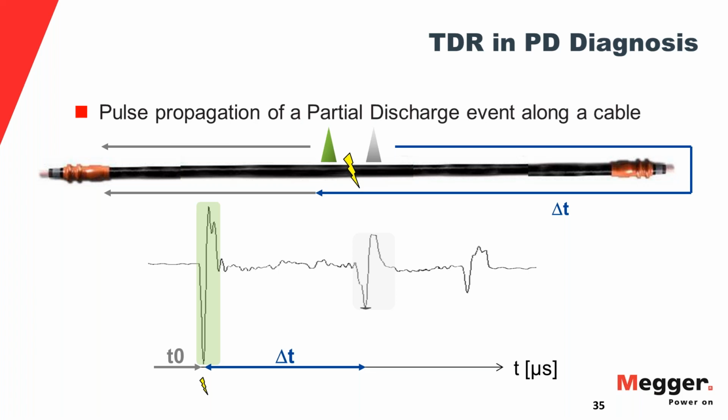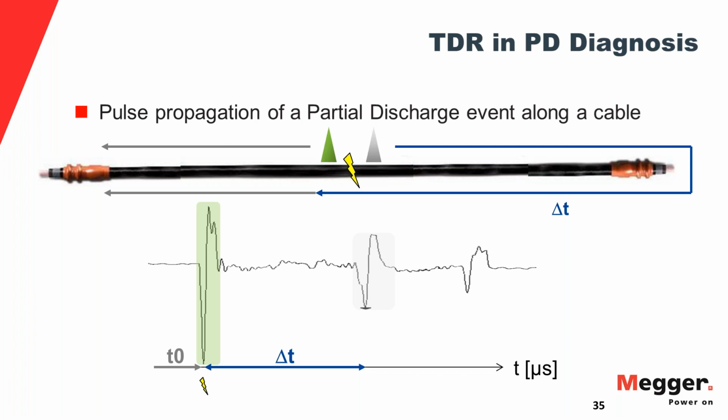And the way it works is, as you can see in this little picture, you have a PD source somewhere, and 50% of the energy, in the shape of a pulse, is traveling to the detector directly. The other 50% is traveling to the cable end, being reflected, and then traveling to the detector. And if you do an analysis of these events happening in the time domain, you can actually calculate the location of the PD.